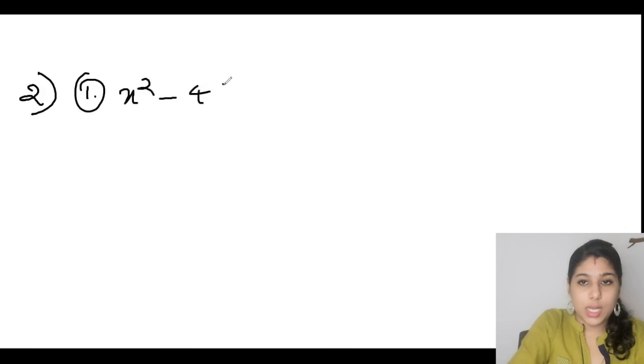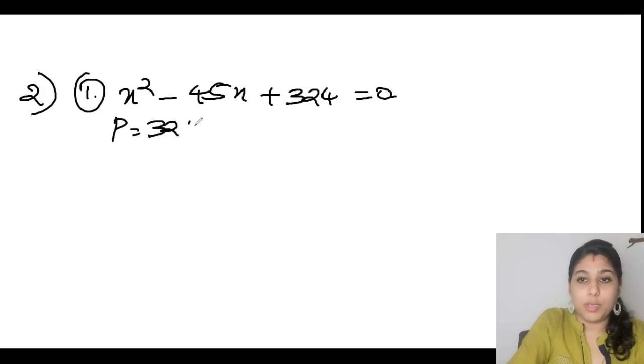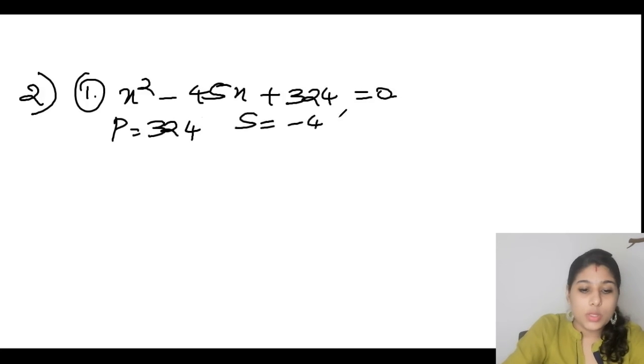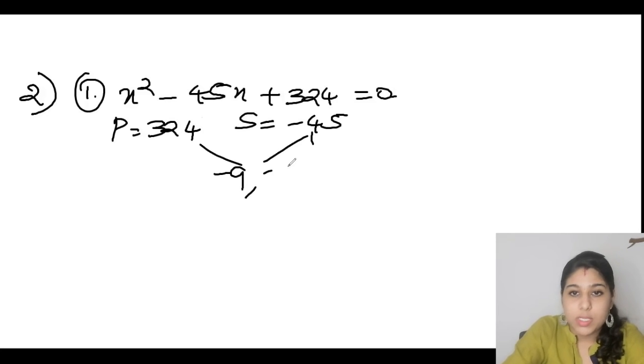So the first equation example was x² - 45x + 324 = 0. The product should be 324 and the sum should be -45. Combining these, I got the numbers -9 and -36, because the sum is -45 and the product is 324.